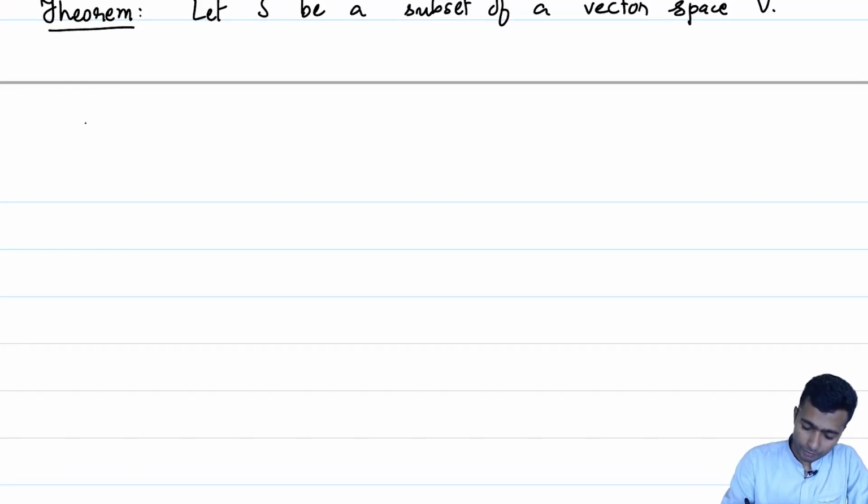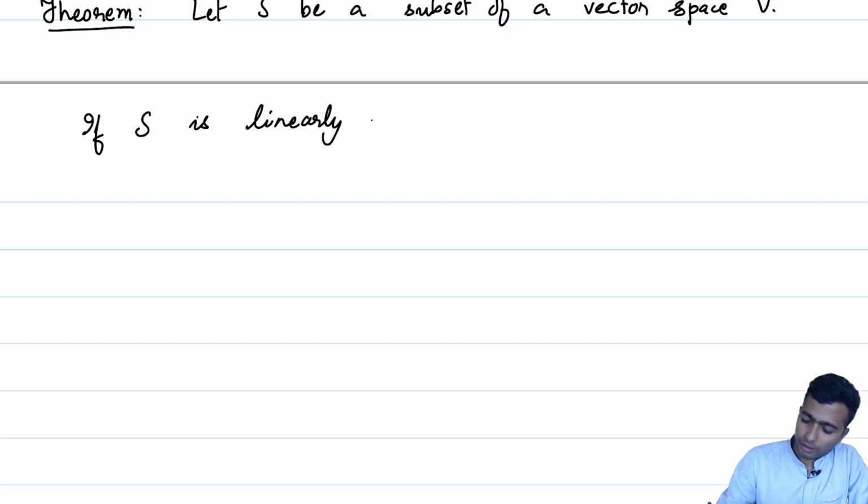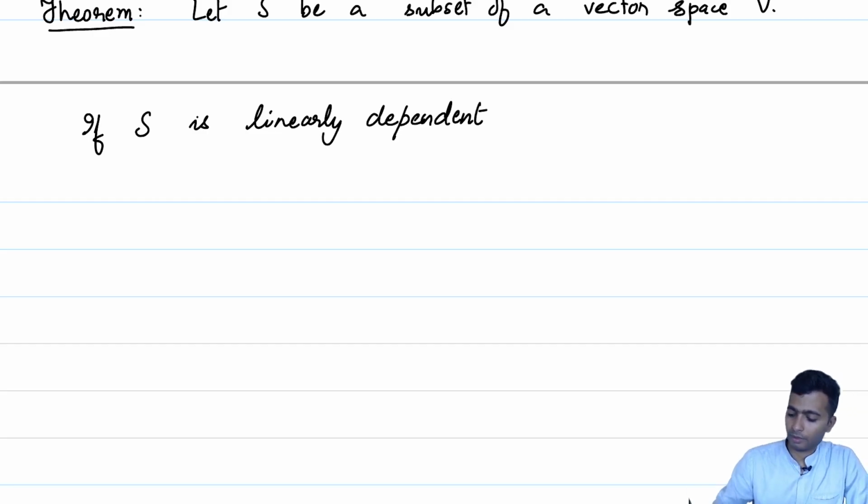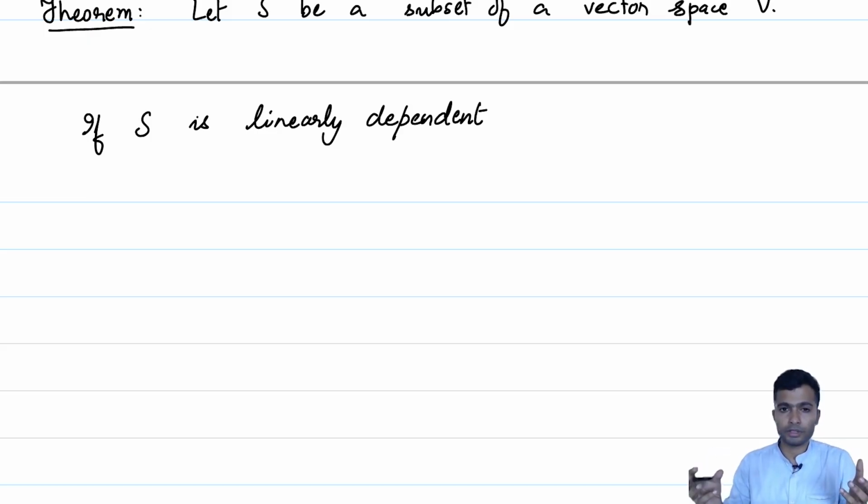Then if S is linearly dependent, recall that in that example, that is the case we were in. V1, V2, V3 were there, and they had a non-trivial linear combination which was equal to 0.